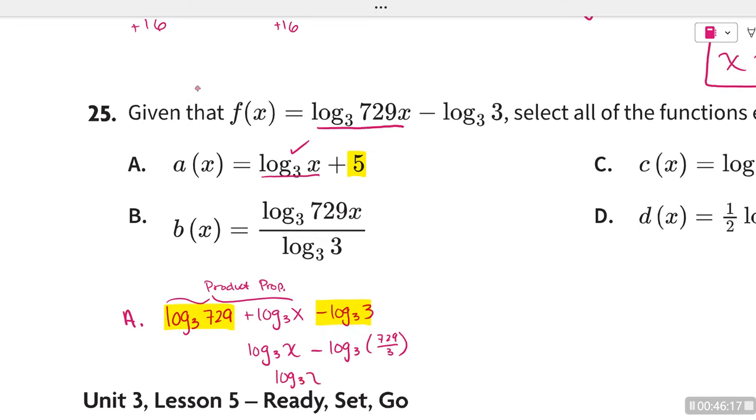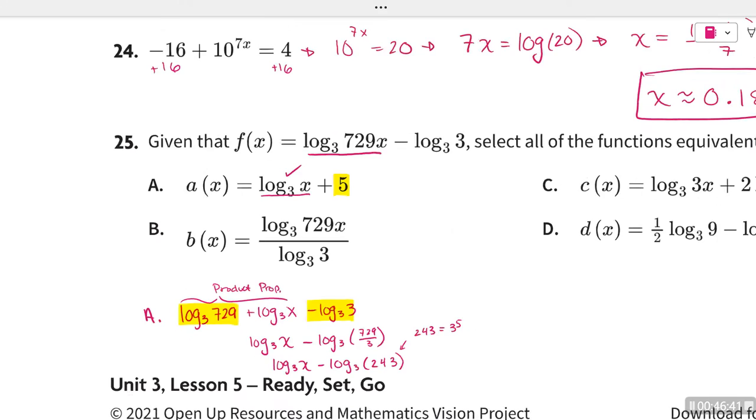So log base 3 of x minus log base 3, that goes in 2 times, and then 4, 3, yeah, 20, there we go, 243. So log base 3 of 243, we might not know this off the top of our head, but 243 is 3 to the 5th power.